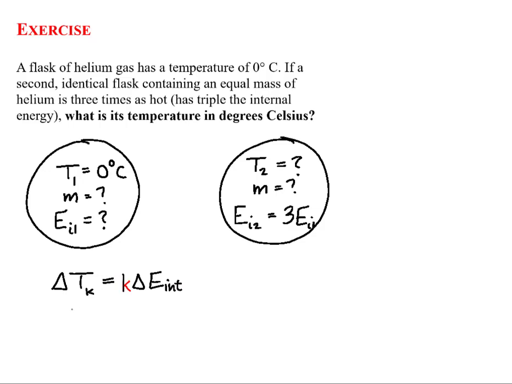So I'm going to say the temperature of the second flask in the Kelvin scale is going to be equal to 3 times the temperature of the first flask in the Kelvin scale.